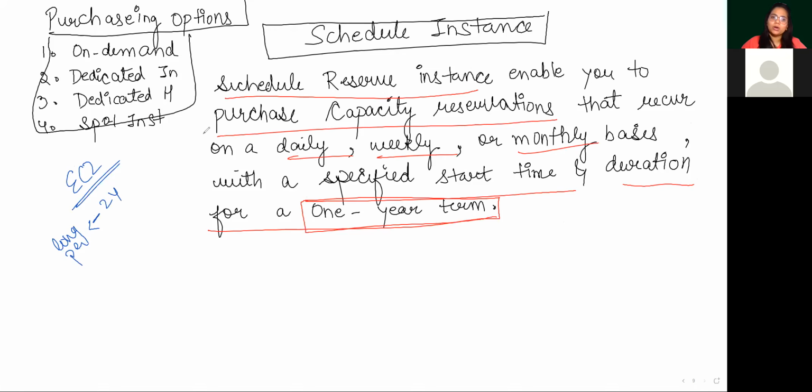So they will reserve this EC2 instance for at least 1 year for you. Means this EC2 instance will not be given to anybody else, nobody else can use it for 1 year if you are reserving the capacity here. Getting it?